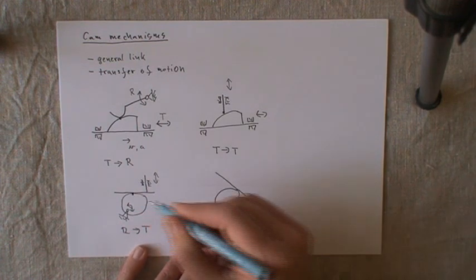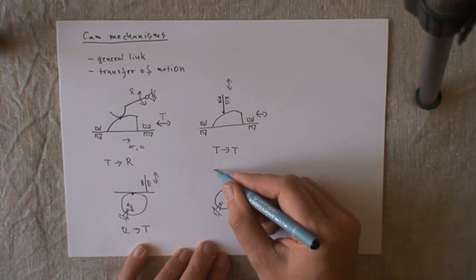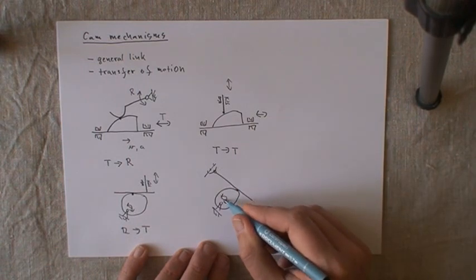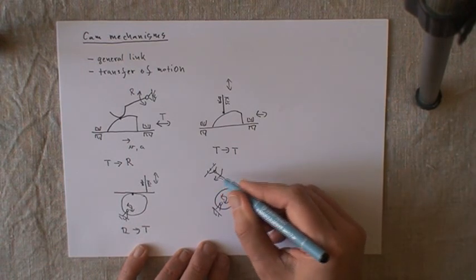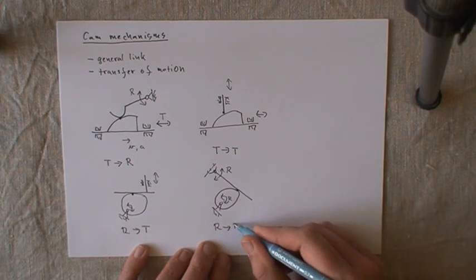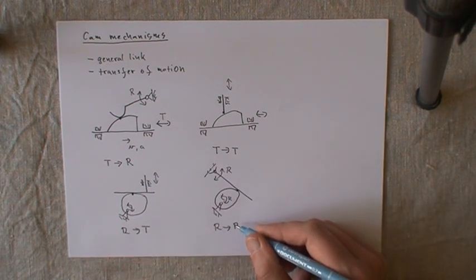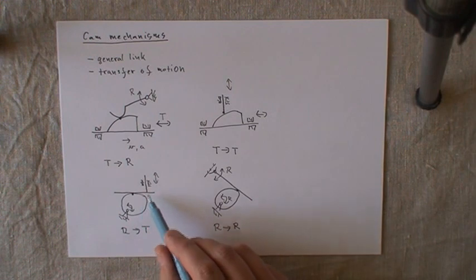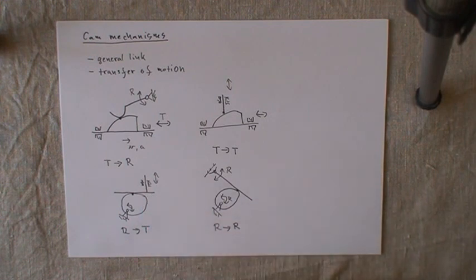So here is the general link, and we have rotation and rotation. So we have rotation to a different type of rotation. Now this is typical, for example, for the valve control in the internal combustion engine.